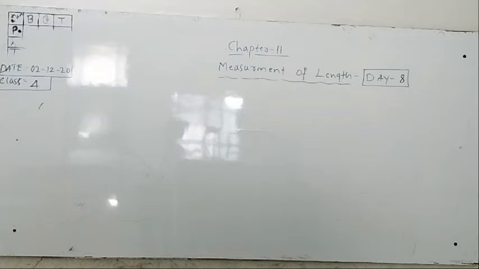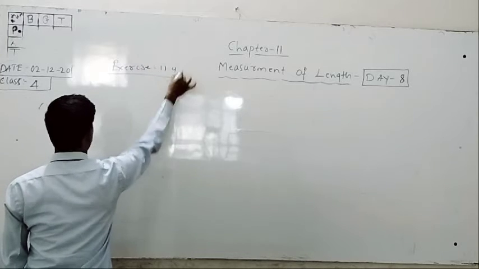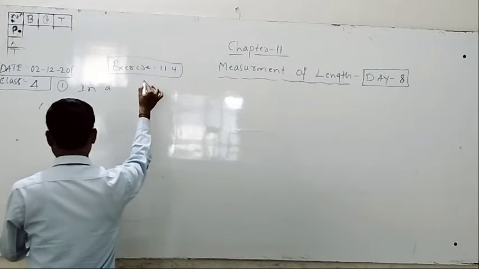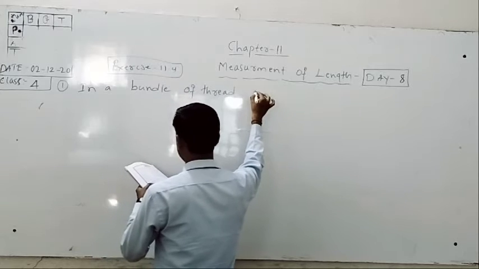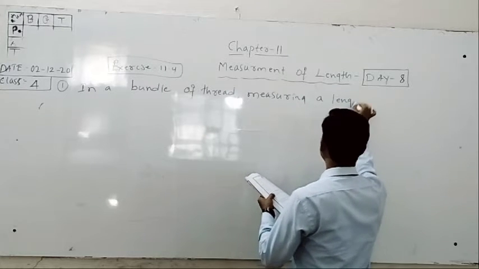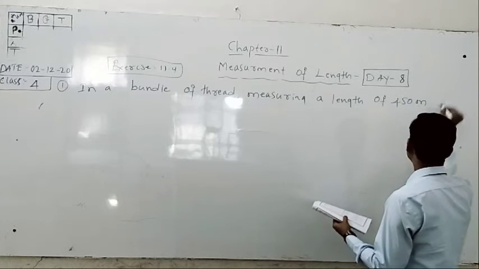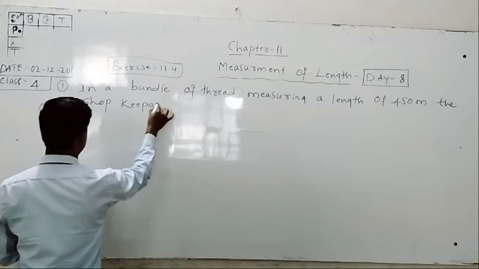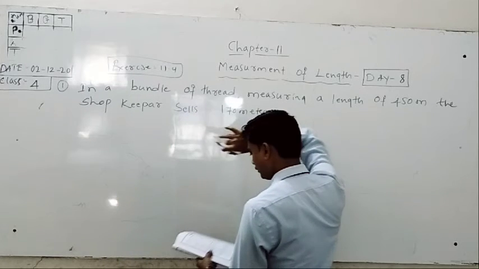Okay, first problem, exercise 11.4. First problem: in a bundle of thread measuring a length of 450 meter, the shopkeeper sells 170 meter of thread.